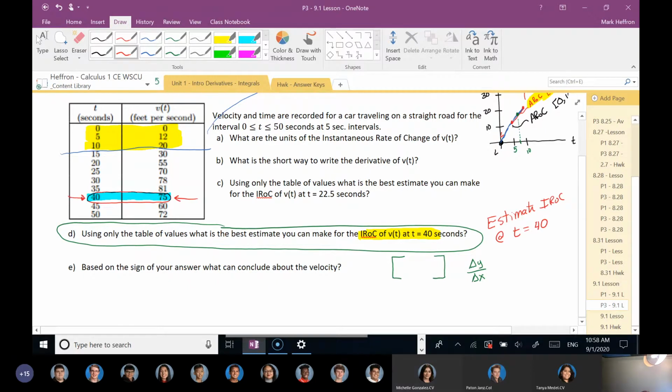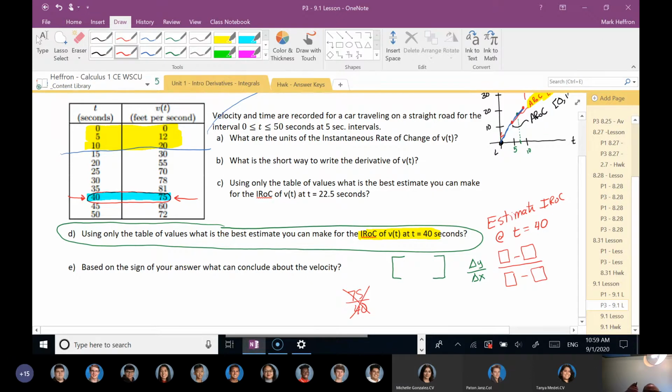We need to have a change, right? So we have to have something minus something over something minus something. So we just can't take 75 over 40, can we? No. Because that's not a change in anything.